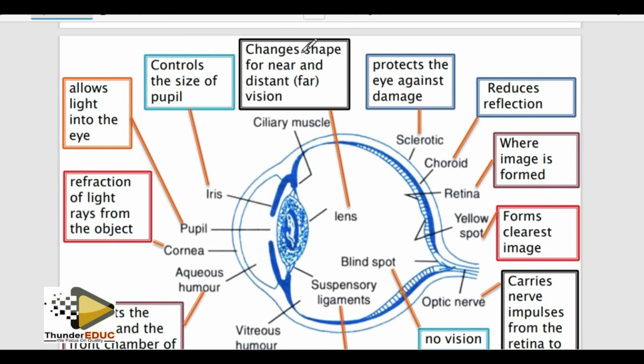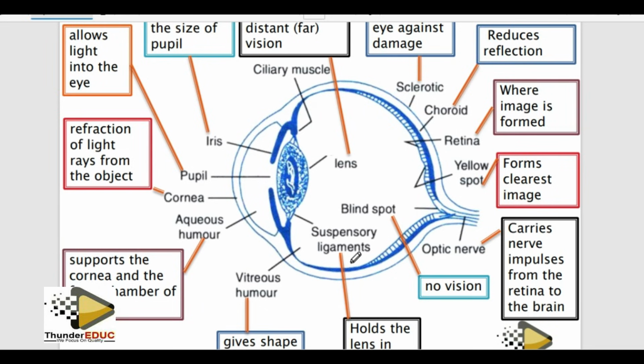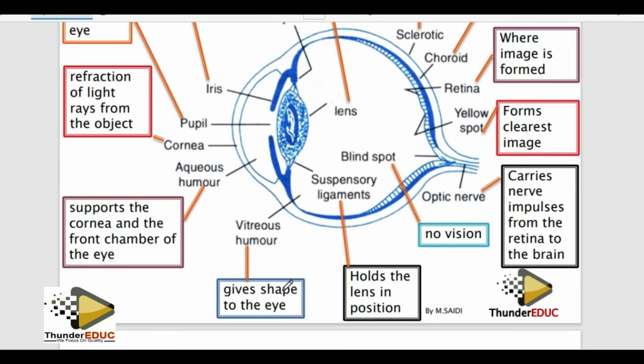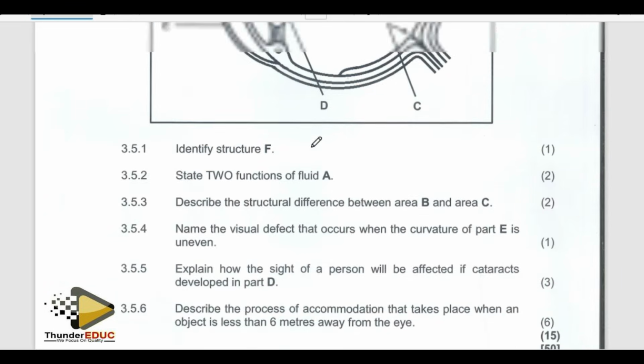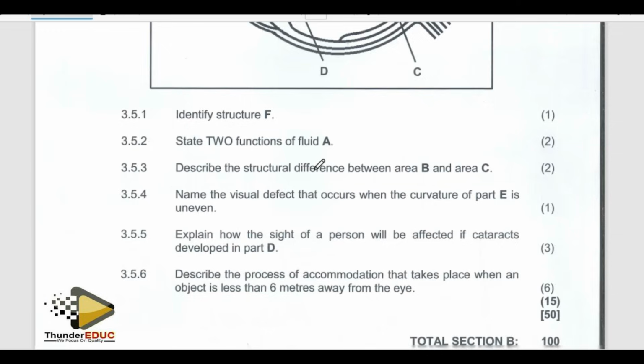This is aqueous humor. Changes the shape for near and far distance? No, that's the lens. That's not here. It gives the shape to the eye, meaning that it brings about the shape of the eyeball.